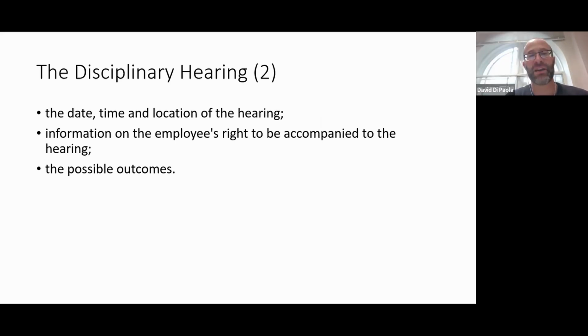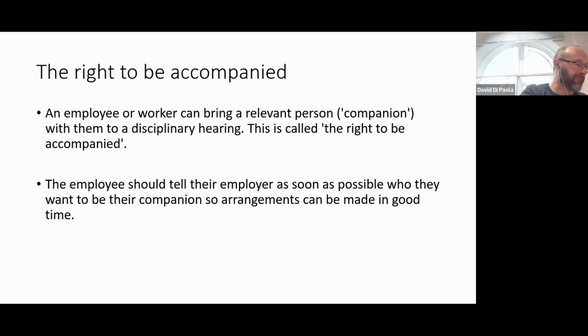This is particularly important where you might be dealing with gross misconduct and the employee might be subject to what we call summary dismissal, or dismissal without notice. They're simply told, your conduct is so bad, we are terminating the employment relationship as of this meeting. So they should be told that in advance.